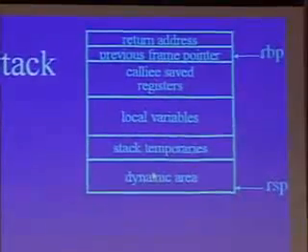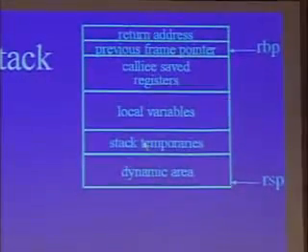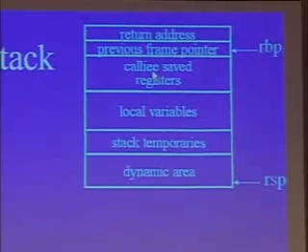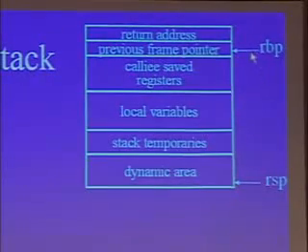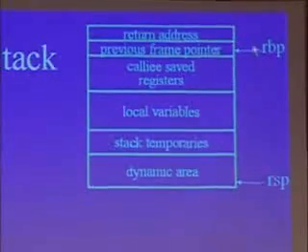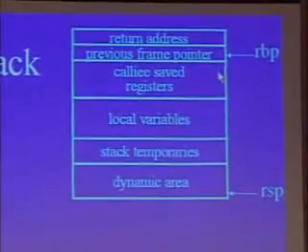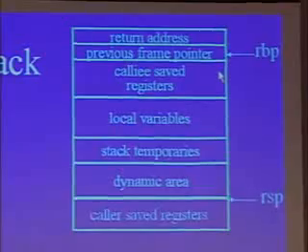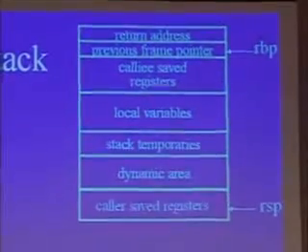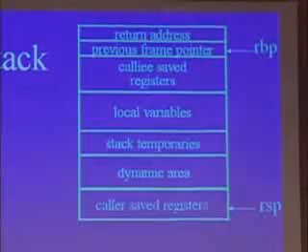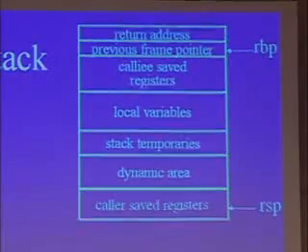We have a dynamic area, something might have pushed, stack temporaries, local variables, callee save registers, all those things are in the stack. Most of these are accessed through the base pointer, or the frame pointer. So the first thing you have to do is save these callee save registers. Either put them in some fixed location, or you can just push them and do a matching pop at the other end.